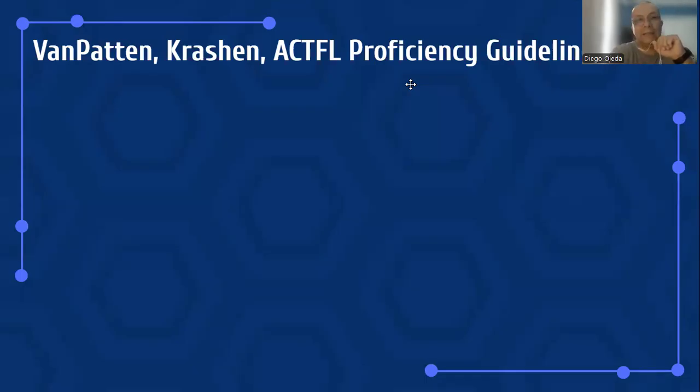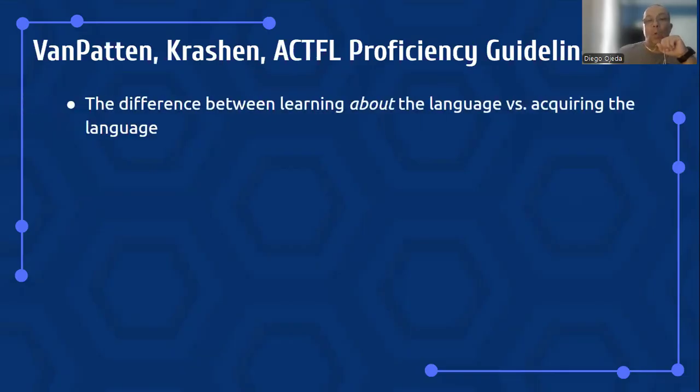So in this first part of the webinar, we're going to talk about Bill Van Patten, professor emeritus and former professor in California. Dr. Stephen Krashen, also from California. And we're going to talk a little bit about the American Council of Teaching Foreign Languages Proficiency Guidelines, because they help us understand where our students are in the process of acquiring the language when we talk about proficiency.